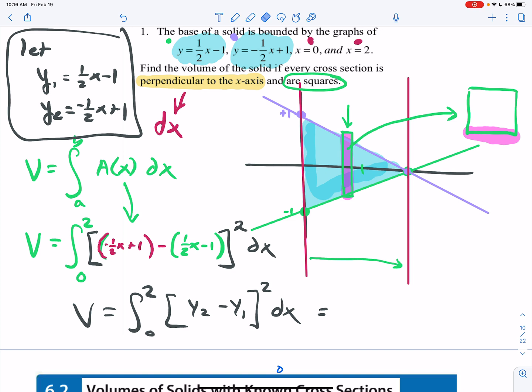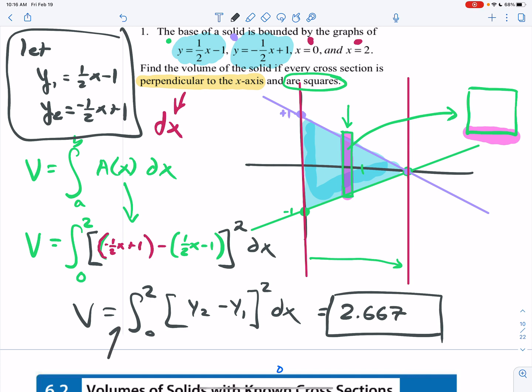When you're at your home screen, you should go to Math 9 from 0 to 2. And we're going to have parentheses, alpha trace of y2 minus alpha trace y1, squared, dx. I know I'm moving a little bit fast here, but you guys have seen calculations before, so it's just a matter of going at your own pace. You should get 2.667.